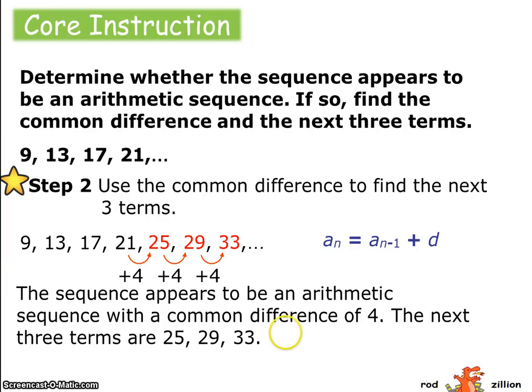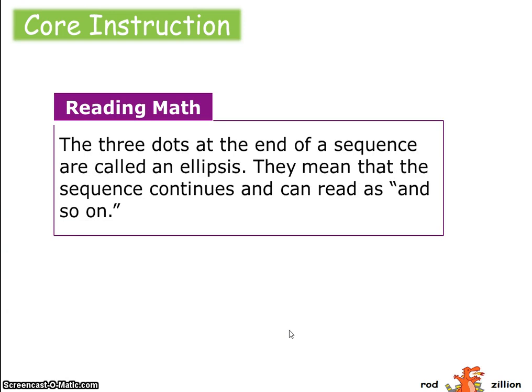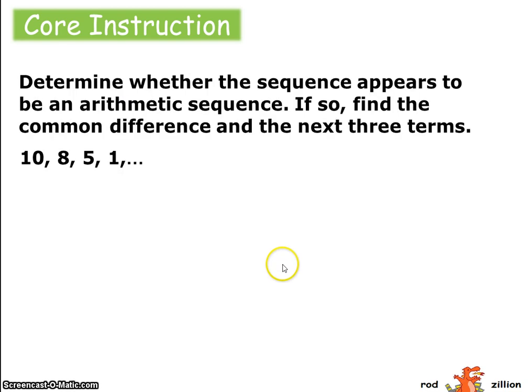Let's look at another example. First, the 3 dots at the end of a sequence, oftentimes we just say dot, dot, dot. They are called an ellipsis, and they mean that the sequence continues, and can be read, and so on. So now you can say ellipsis. Determine if this is an arithmetic sequence, and then let's see if we can find a common difference.